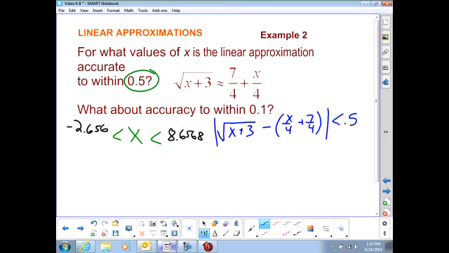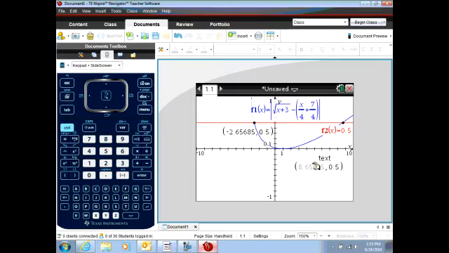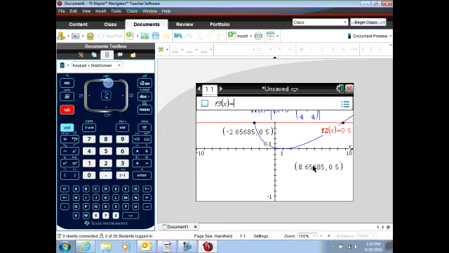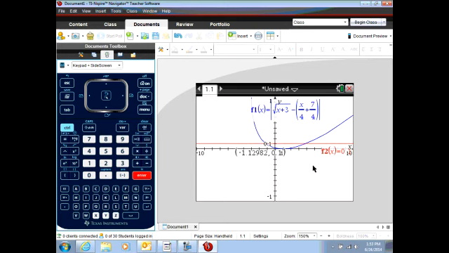Now, we could switch this and ask, when will it be within 0.1? So we could do the same thing and just say less than 0.1. And notice it gives us one of our intersection points as negative 1.12 now.